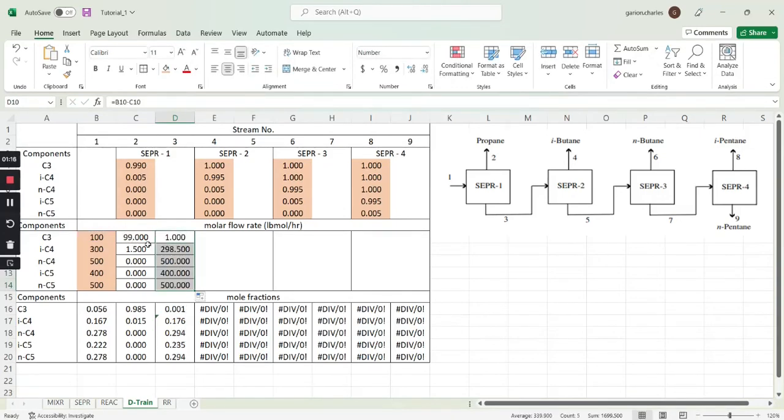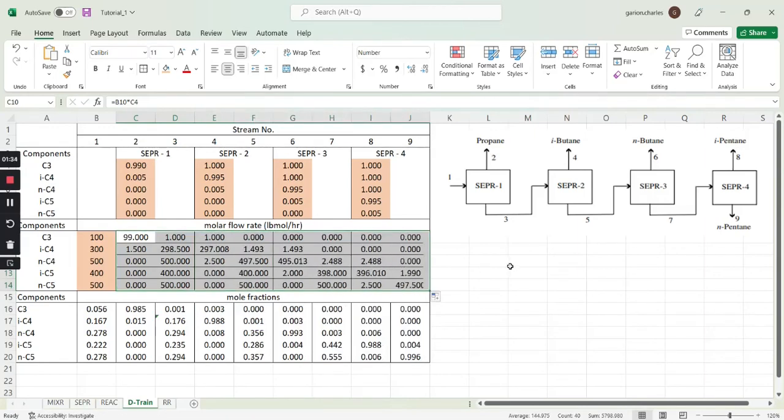With the new outlet stream for the next separator, we can solve for the entire train very quickly by dragging the entire separator one block across, which I'll show now. Then from these values, you can probably perform energy balances or preliminary distillation column sizing, which I might do in another video.